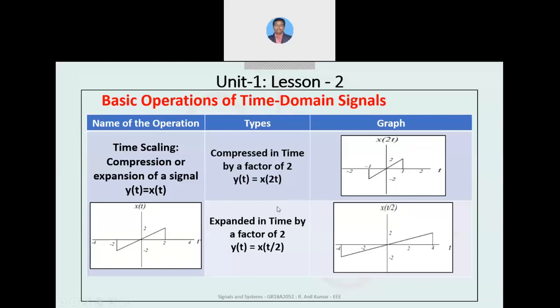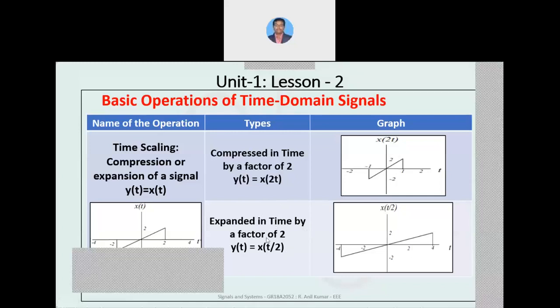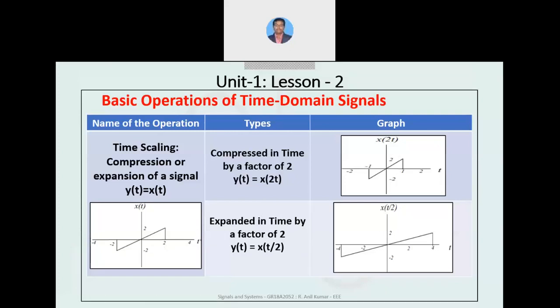And coming to expanded in time, the given function is x of t by 2. Consider t by 2 equals 2, that becomes t equals 4. Hence the positive and negative values will become minus 4 and plus 4. Within this region the graph will be expanded.